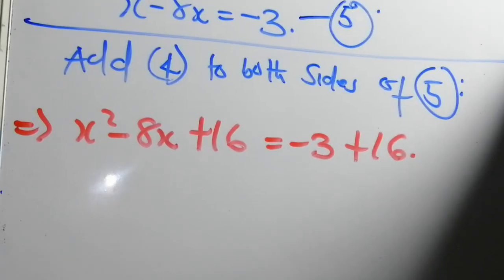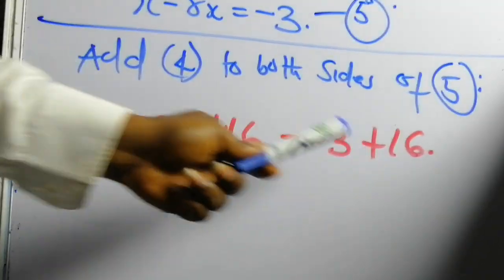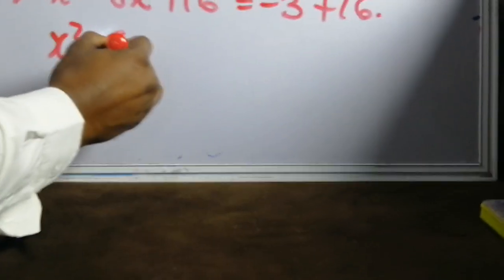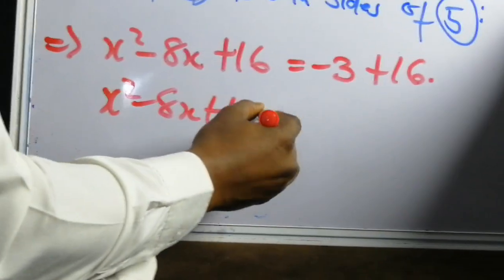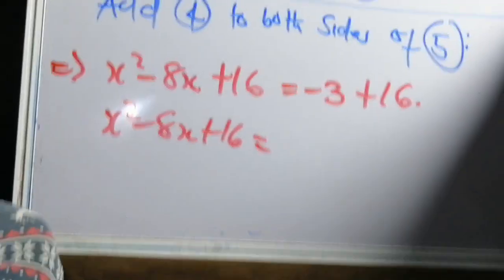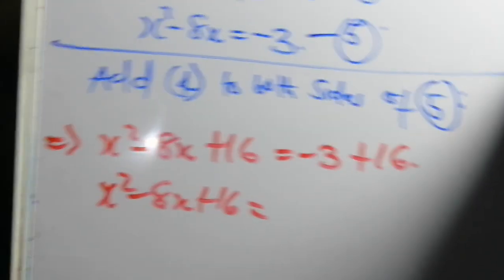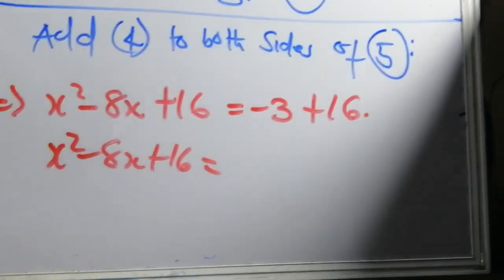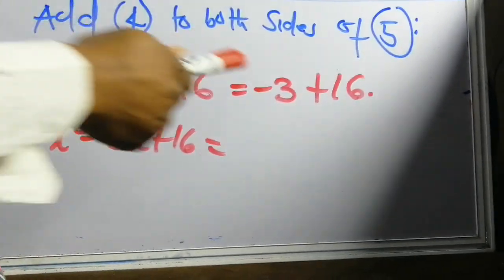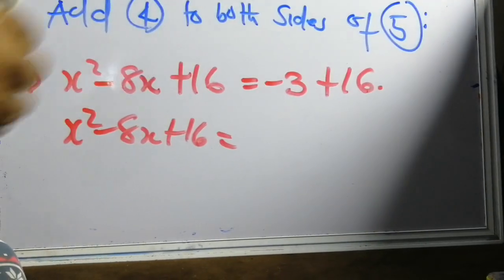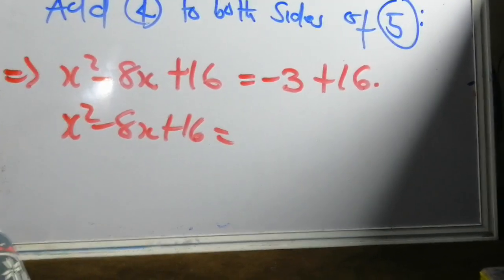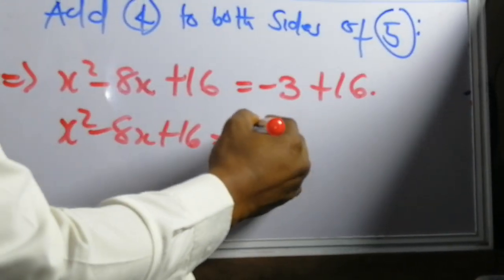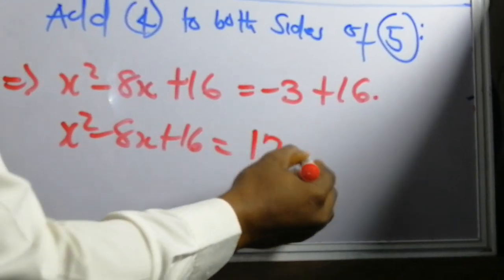I moved this here, which is very clear. So I'm now adding 16 to both sides. Now this gives me x squared minus 8x plus 16 equals minus 3 plus 16. I've mentioned this in one of my notes, either in part 1 or part 2. I have minus 3 plus 16. I have 16 naira, and I'm giving 3 naira out of that 16 naira. So at the end of the day, if you press your calculator, it will give you plus 13.